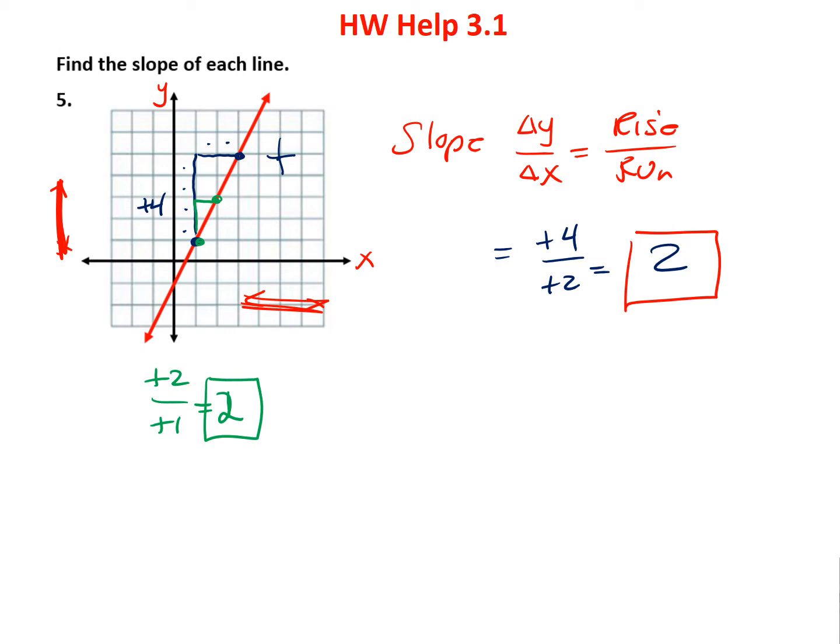For example, if I pick this point and make a great big triangle here, notice I have 1, 2, 3, 4, 5, 6, 7, 8. I have plus 8, and I have 1, 2, 3, 4 over plus 4. I still get 2. When you have a straight line, the slope will be the same no matter what 2 points you pick.